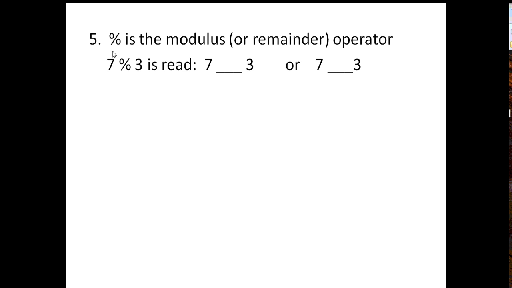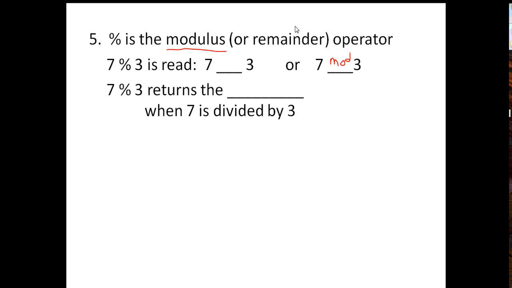It's 7 modulus 3, or it's 7 mod, M-O-D. So some people will say mod, and some people will say modulus. It's just like saying 7 plus 3, 7 minus 3, 7 divided by 3. It's 7 modulus 3, or 7 mod 3. So don't ever say 7% sign 3, because that doesn't mean anything.